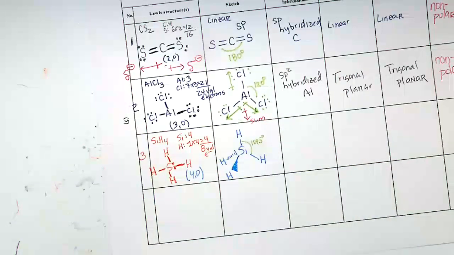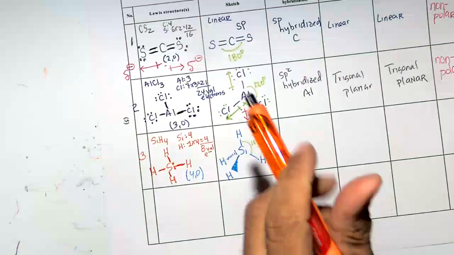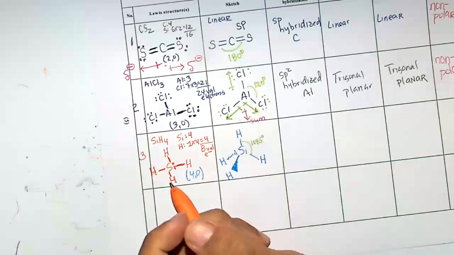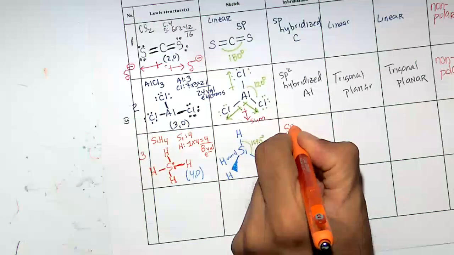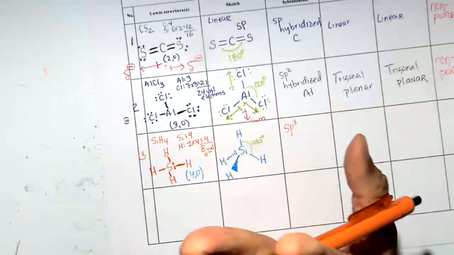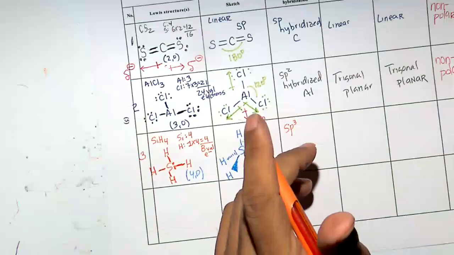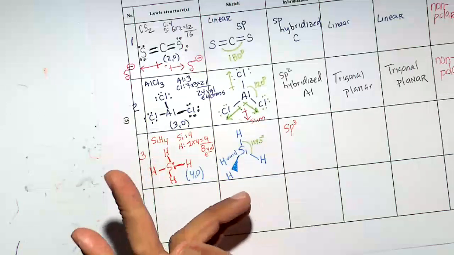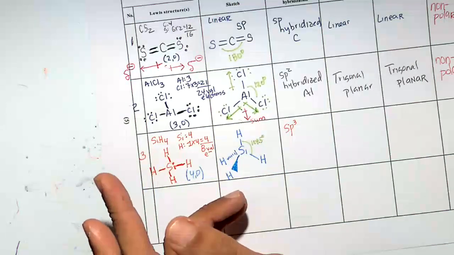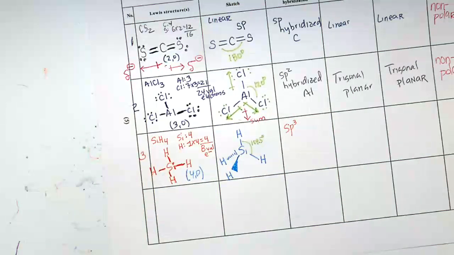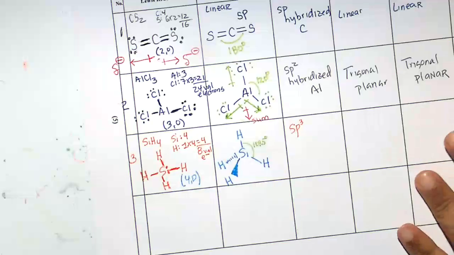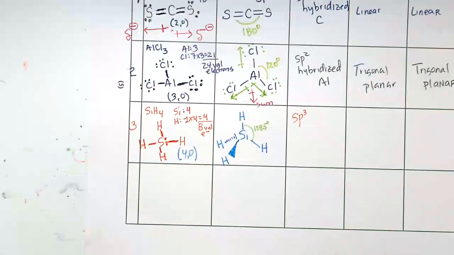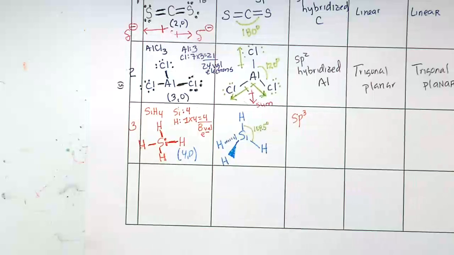All right, what hybridization is this? 4 and 0. sp3. Don't say s1p3, just say sp3. Okay, but that's the right answer. Generally, they don't say 1; they just say s and p. The same as CH4 we did in class.